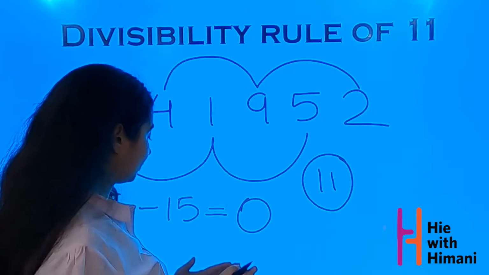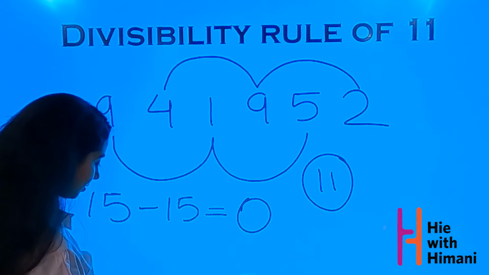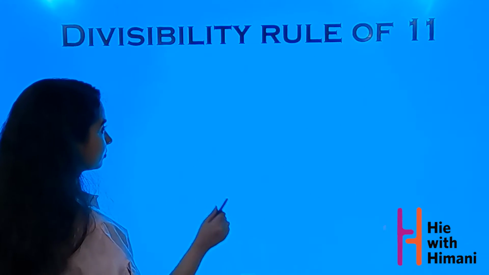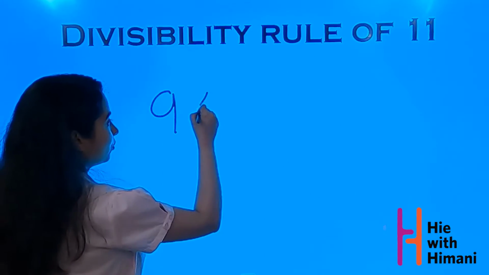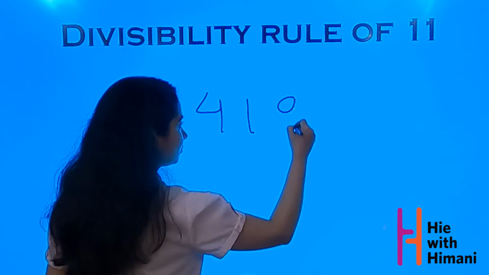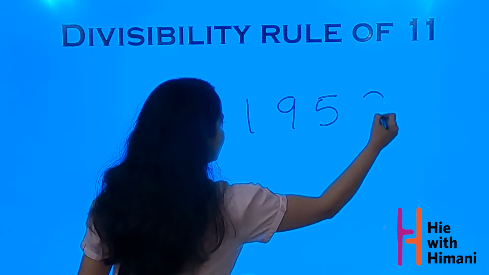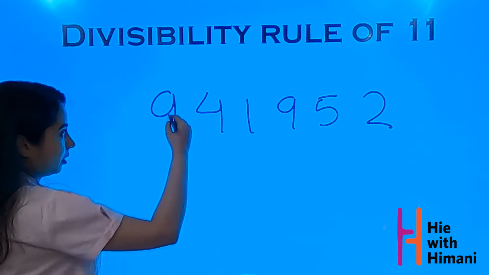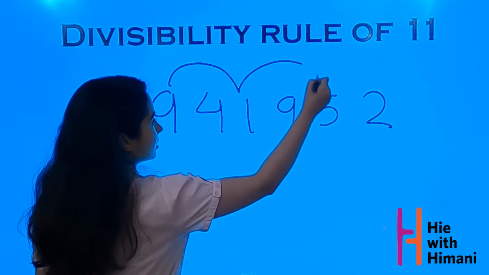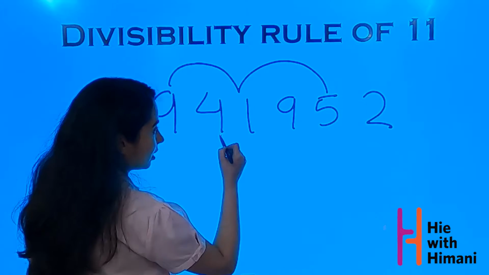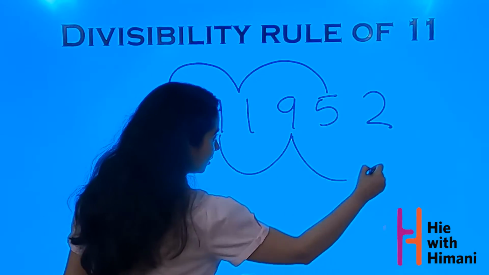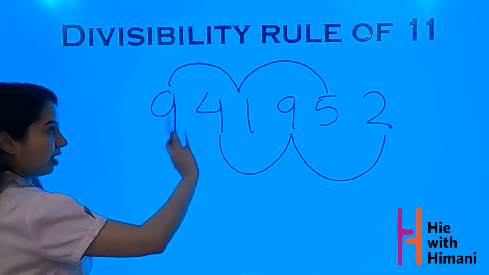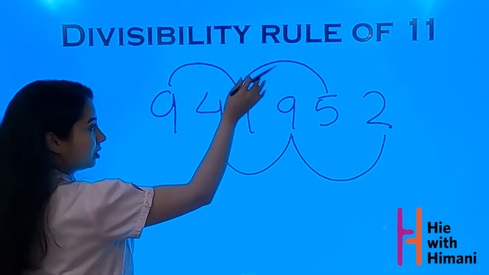I'll repeat it again. What we are doing over here is, see this number 941952. We just have to group them in alternate numbers. So 9 plus 1 plus 5, this becomes one group. Another group is 4 plus 9 plus 2. I have added both the groups.